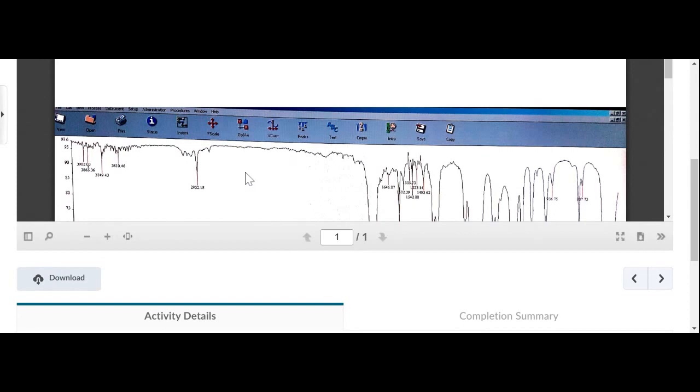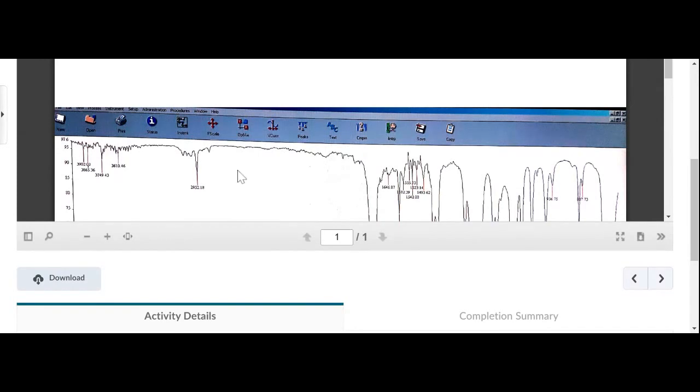Also, your product must be completely dry, so you use saturated sodium chloride to dry the organic layer. Then you add calcium chloride to remove any trace of water, because even if you have complete reaction and no benzoic acid left, if you had water as an impurity, it would show a broad peak around 3300 for OH.